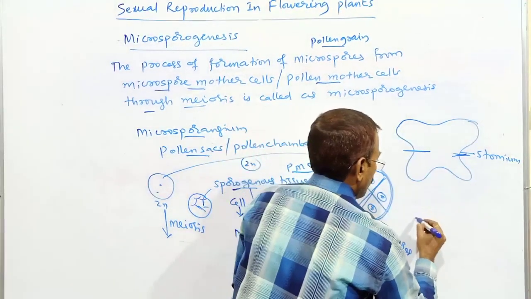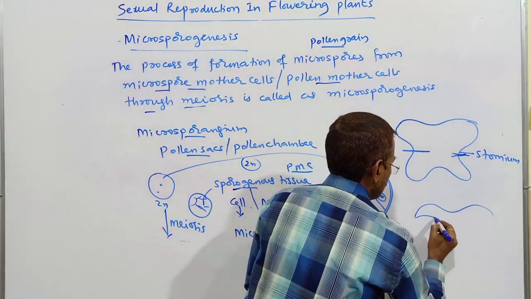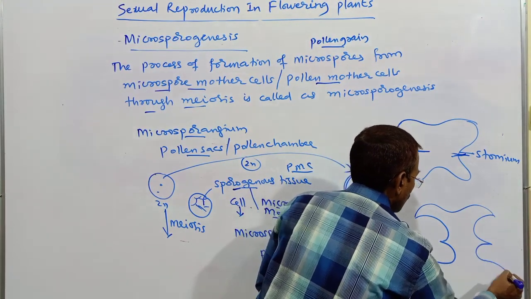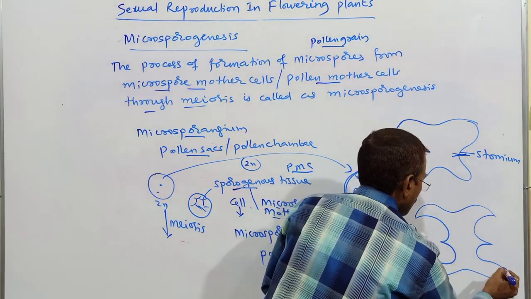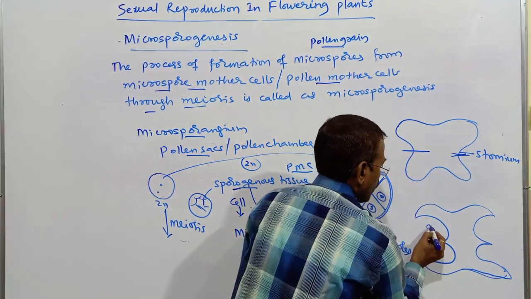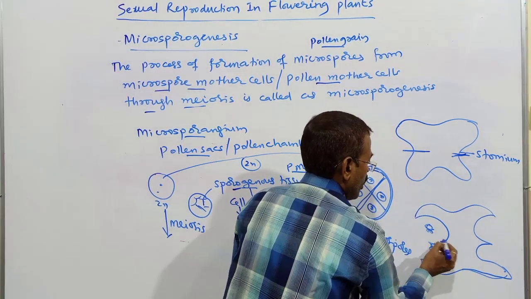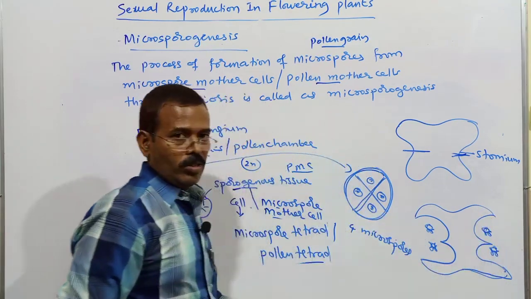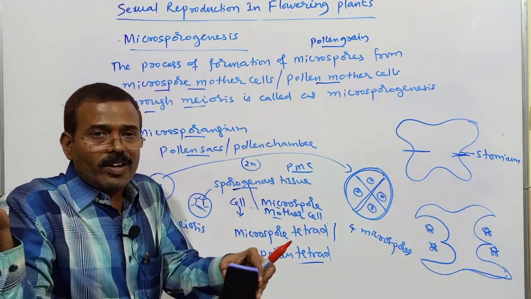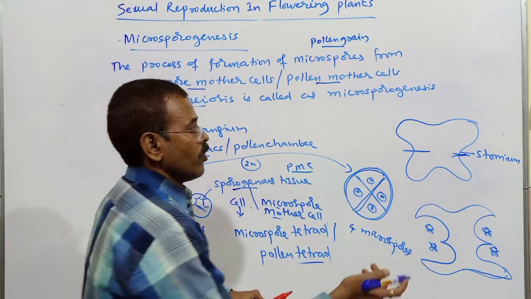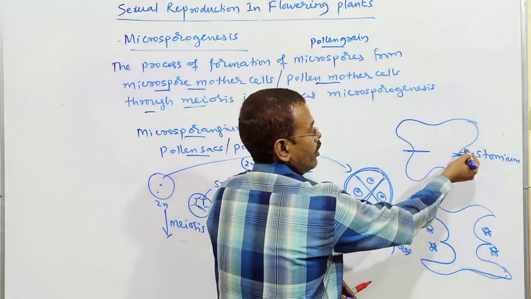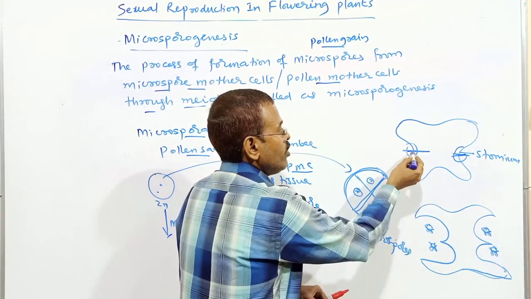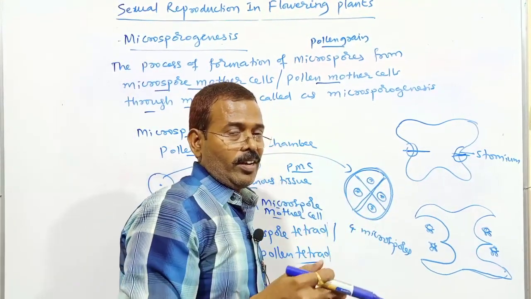As a result, what happens? Here pollen grains will be released. These will be bursted out. So this is how, by the dehiscence of the anther in this region, here thin walled layer, you know that, easily it gets disintegrated.